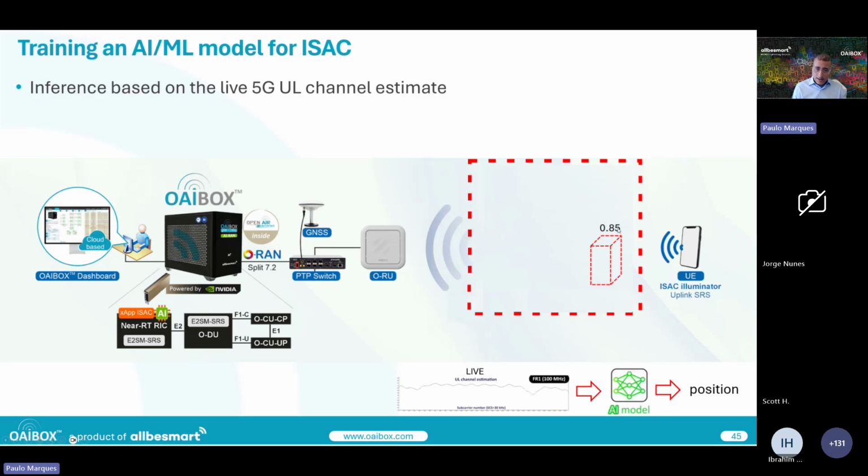So the cameras are useful for training the model, and then you remove the cameras, and you can estimate the presence of obstacles and so on. The challenge is always generalization of the model. So a lot of research needs to be done yet here. In terms of architecture, you can use the O-RAN architecture and run the AI model as an xApp.